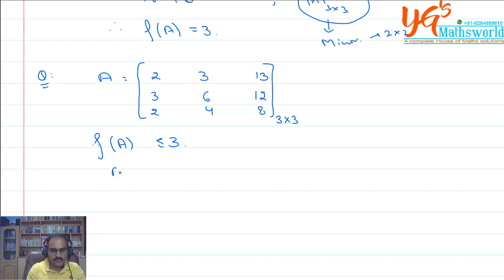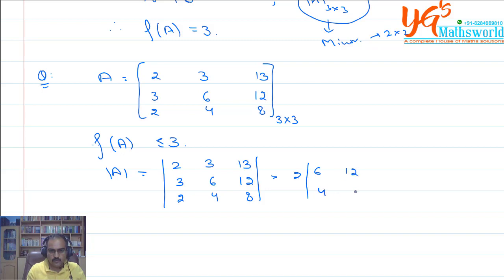I need to find the determinant of A, that will be the determinant of [2, 3, 13; 3, 6, 12; 2, 4, 8]. So for number 2, I need to leave this row and this column, giving [6, 12; 4, 8]. Now next number 3.